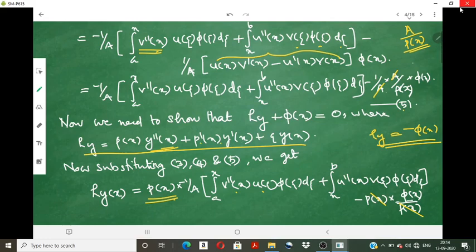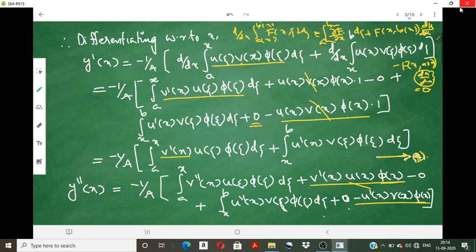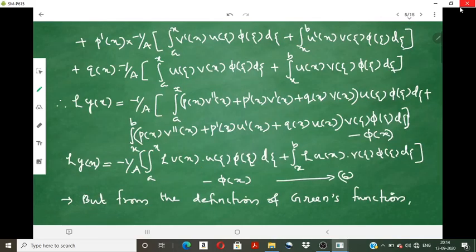So substituting equation number 4 and multiplying this with p dash of x, we have p dash of x into minus 1 by a integral a to x v dash u theta phi theta d theta plus integral x to b u dash of x v theta phi theta d theta, plus the last term q of x into y of x, minus 1 by a integral a to x u of theta v of theta phi theta d theta plus integral x to b u of x v of theta phi theta d theta.